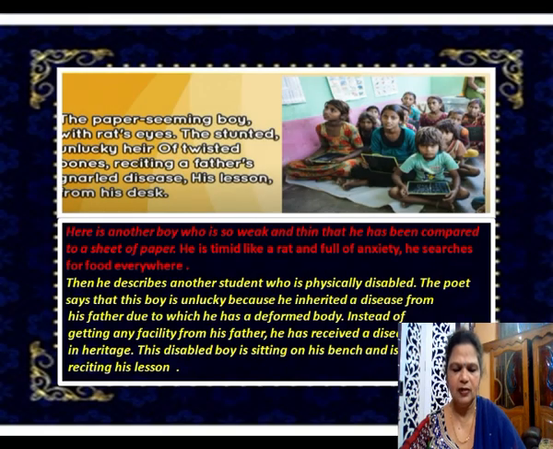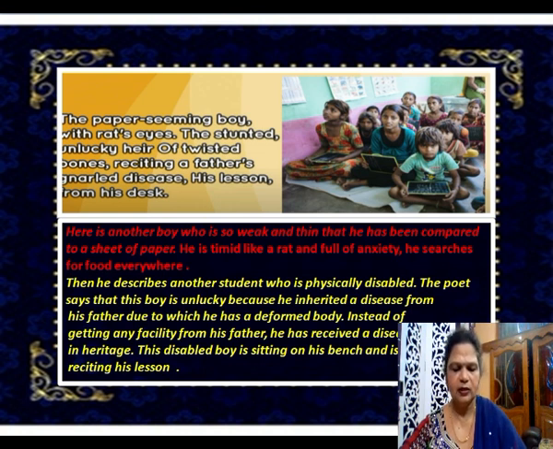Now the next line. The paper seeming boy with rat's eyes, the stunted unlucky heir of twisted bones, reciting a father's gnarled disease, his lesson from his text. Now, in the classroom, the poet is describing another boy.